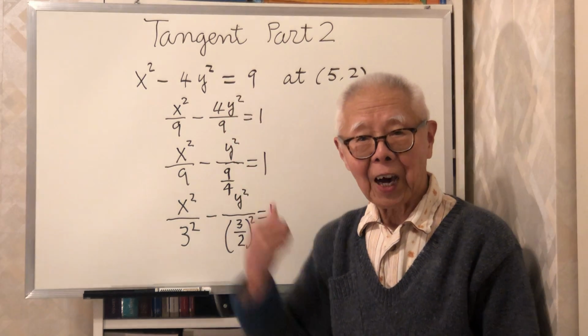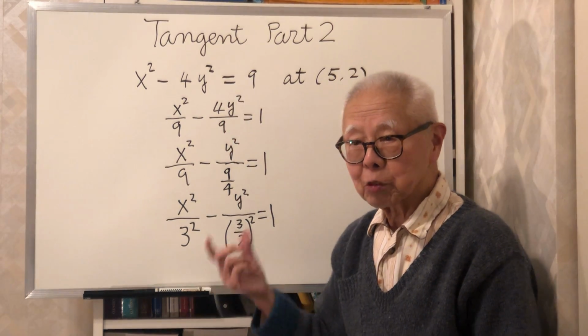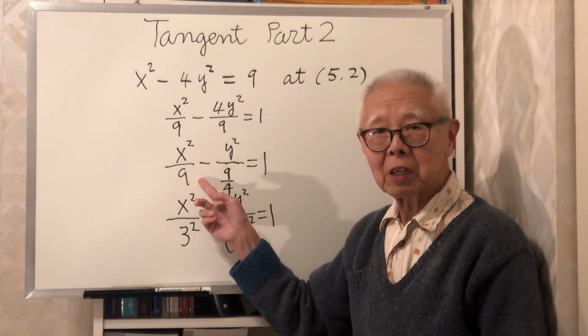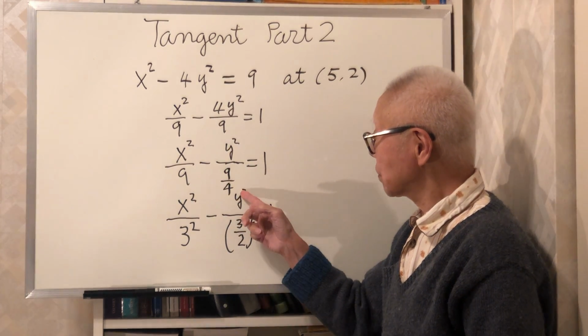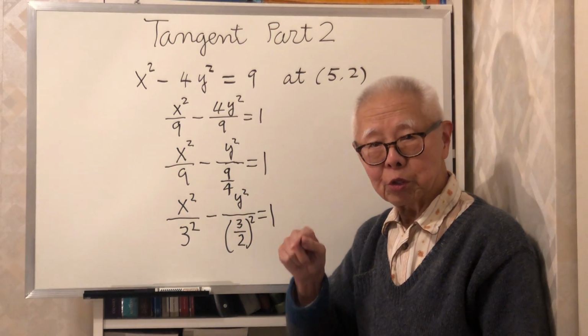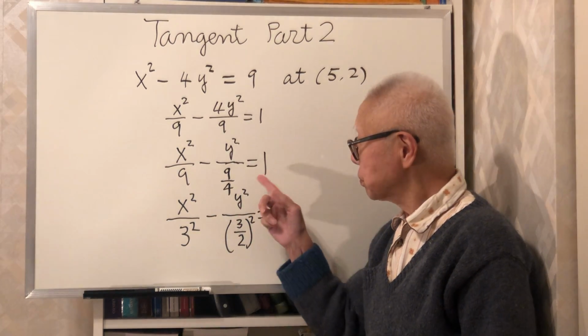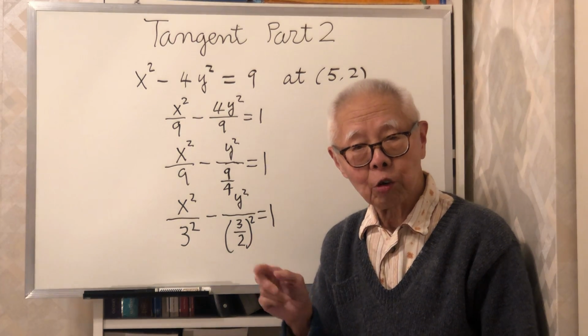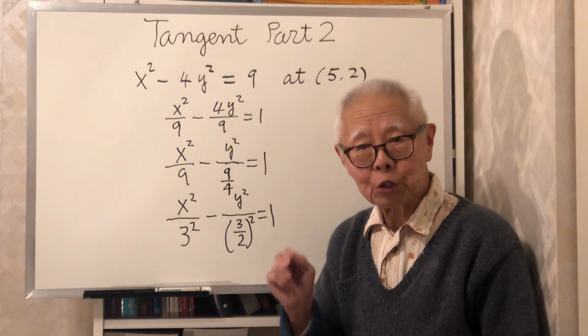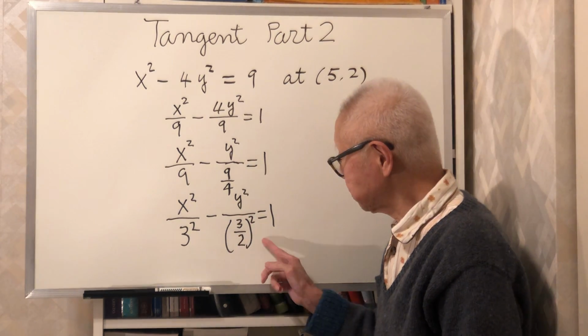I rewrite it in this way, and change this 9 to 3 squared, and change 9 over 4 to 3 over 2 bracket squared.